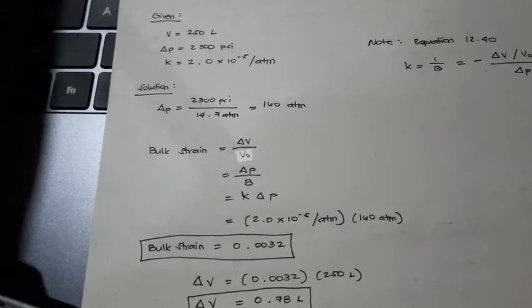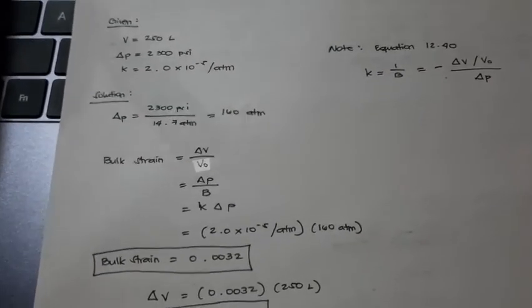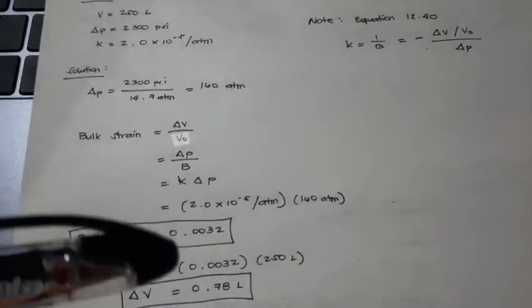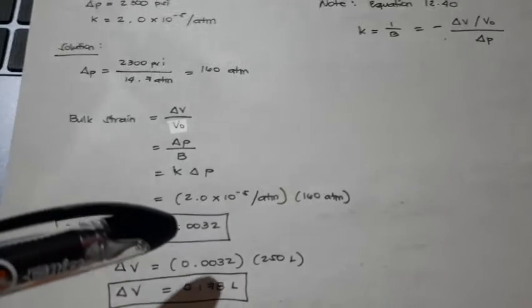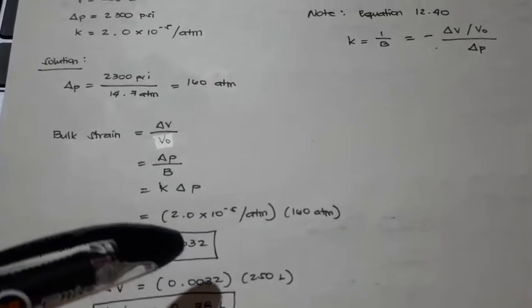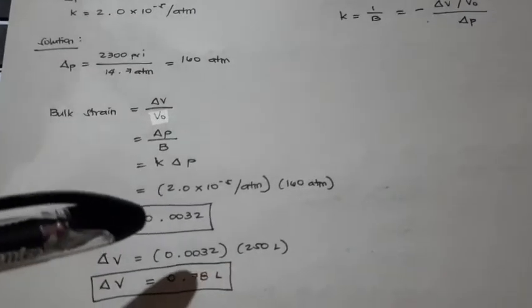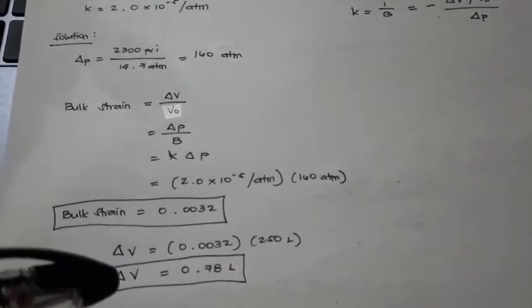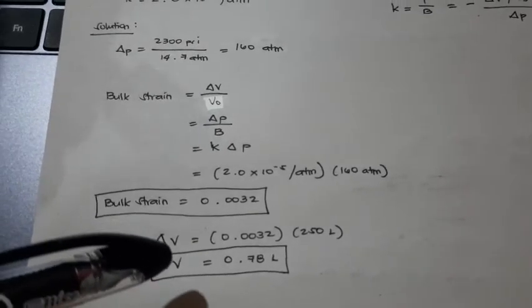Since we have the compressibility value and our pressure increase value, we multiply 2.0 times 10 raised to the negative 5 power per atmosphere times 160 atmosphere. So simplify, and the bulk strain is equal to 0.0032.